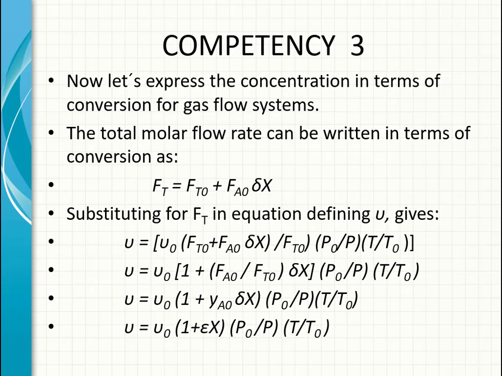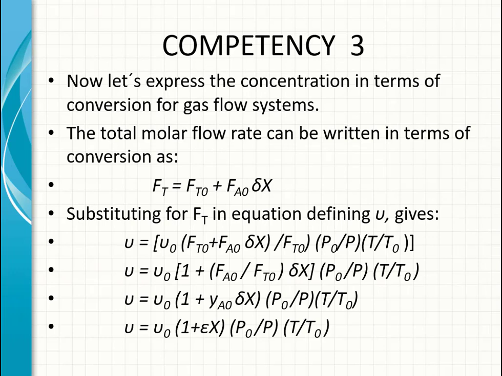So, substituting for Ft in the equation defining the volumetric flow rate v will give us that the volumetric flow rate at the exit of the reactor is going to be v0, the volumetric flow rate at the entrance, times Ft0 plus Fa0 delta X, all that divided by Ft0, and then all that multiplied by P0 divided by P times T divided by T0.